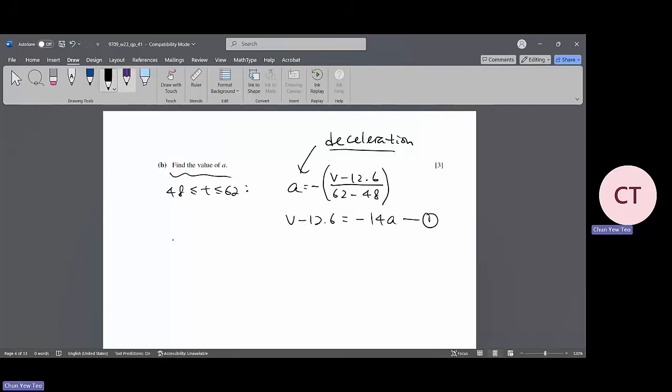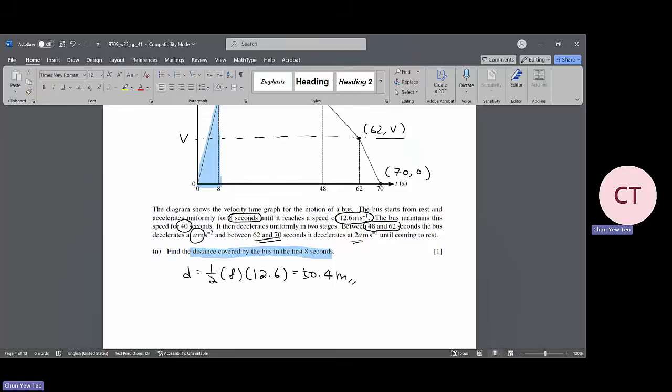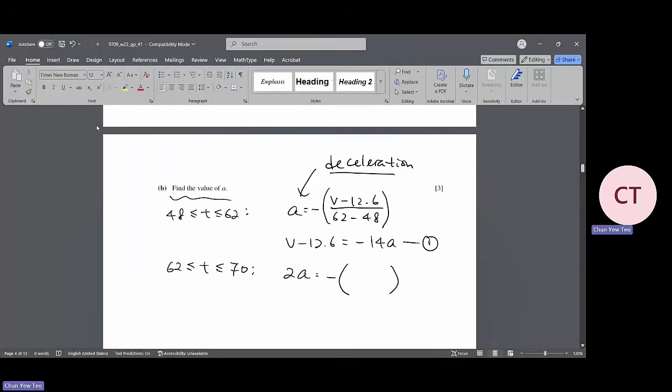Then for the time interval 62 to 70 seconds, you have 2A equals, again, since it is mentioned as a deceleration, you need to put a negative as well. The gradient is 0 minus V over 70 minus 62.